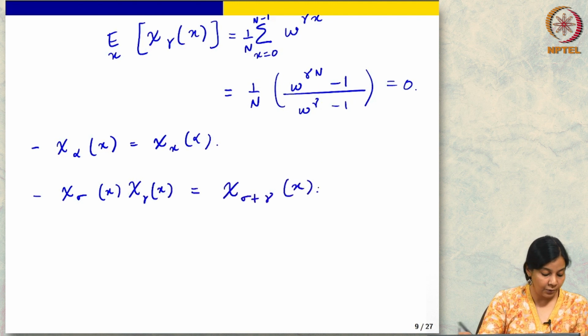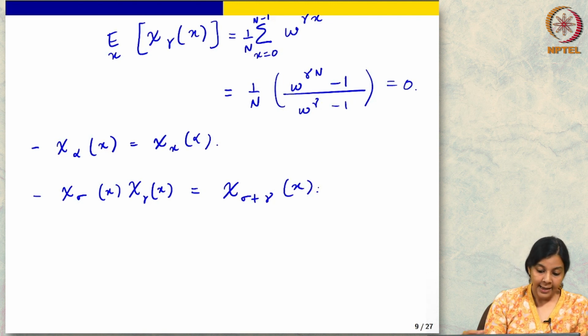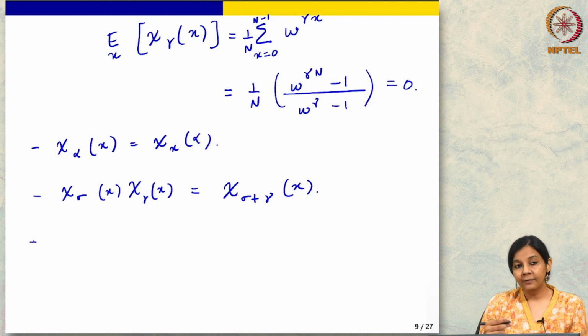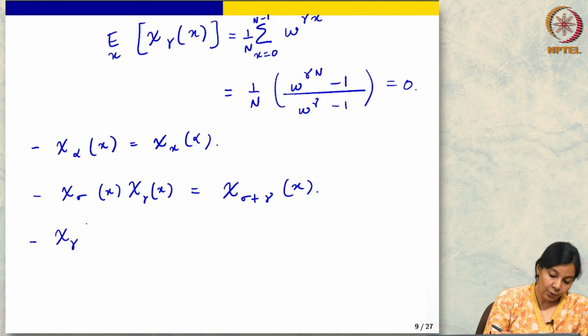Again this follows just by definition. All right. And now we have one more property which will be very useful for us, which is to look at the conjugate of this.